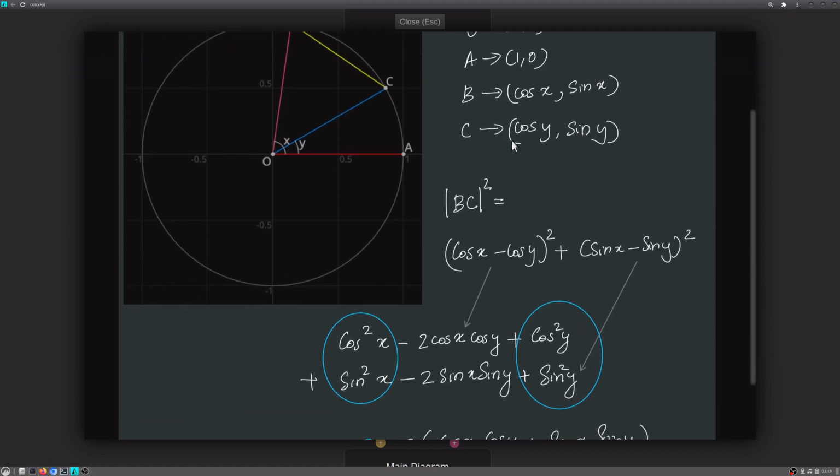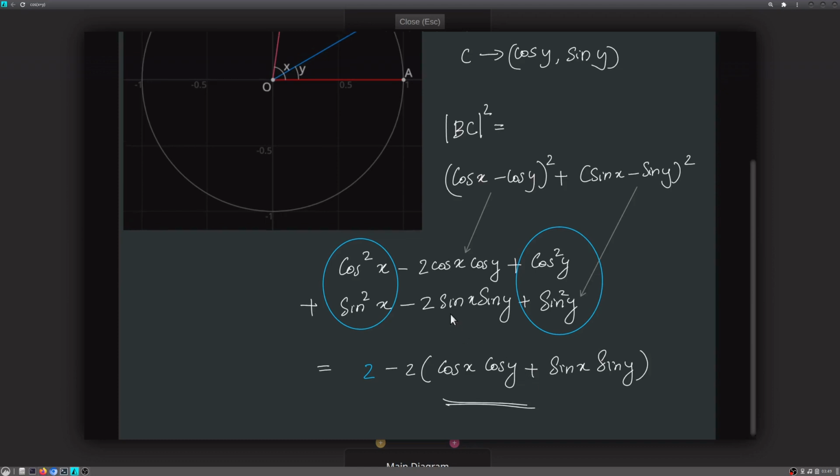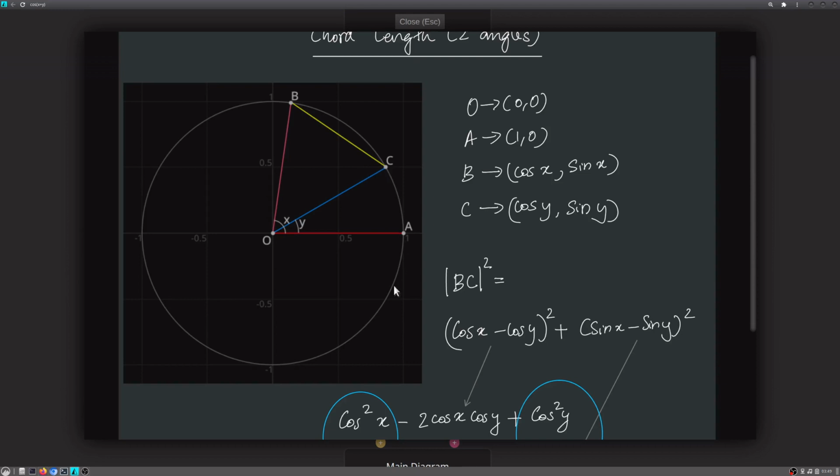And if you do the exact calculation here, it's just replacing y with minus y, then you see that this term will remain exactly as it is, cos x cos y. This would be sin x sin minus y, and this sin minus y is minus sin y, so that minus will come and sit here. So instead of this plus, we will get minus if the C was sitting somewhere here.